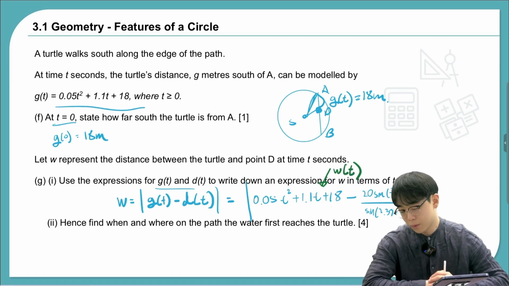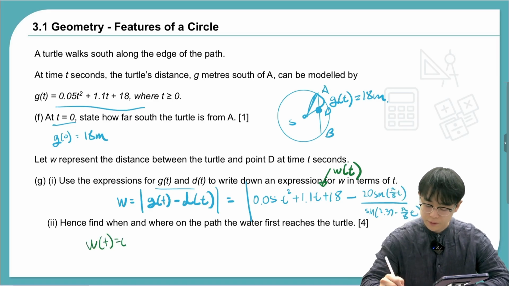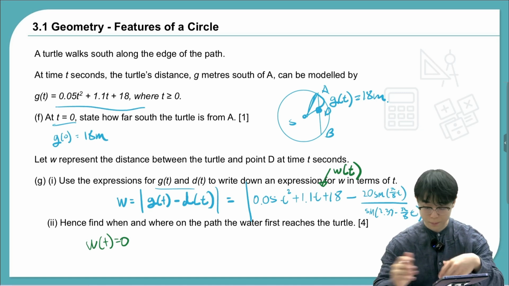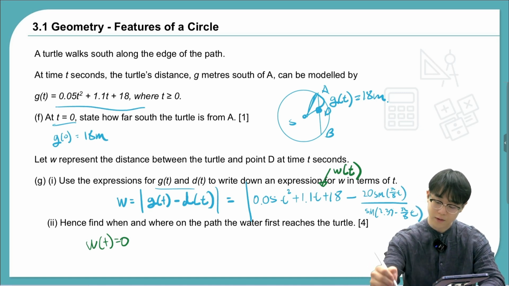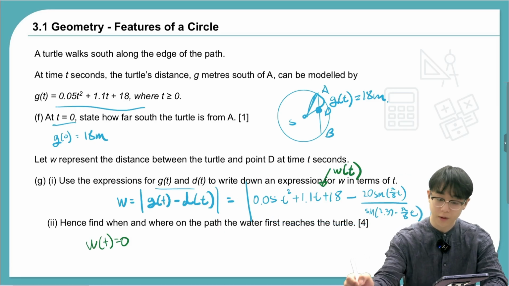So I guess we could write that as W as a function of time. So when will the water first reach the turtle? So when will W(t) equal 0, right? Because g and d, the position of the turtle and the position of where the water is sprinkling, have to be equal. So if we solve for that, we could just do that on our calculator. So we would just put this entire expression into our calculator.